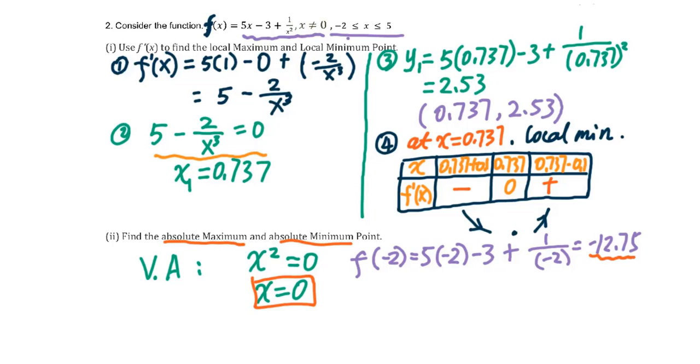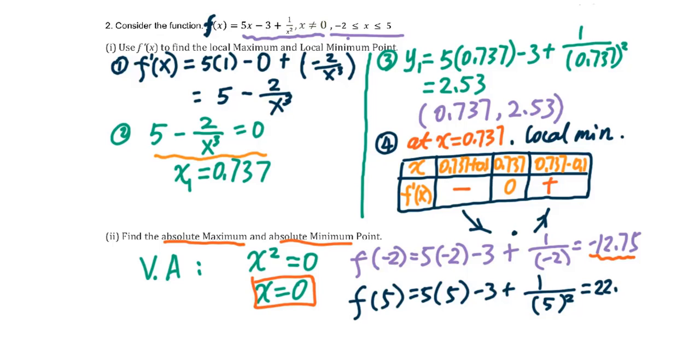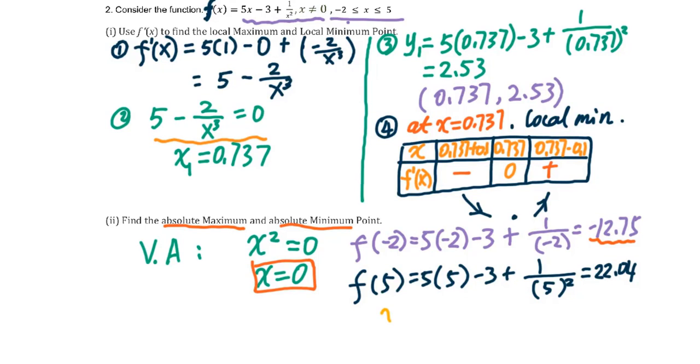For f of 5, we will work this out: 5 times 5 minus 3 plus 1 over 5 squared equals 22.04.